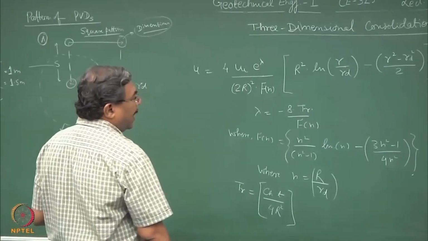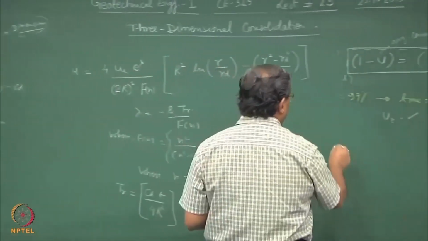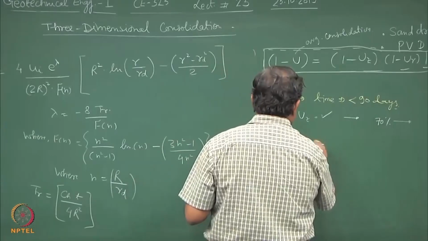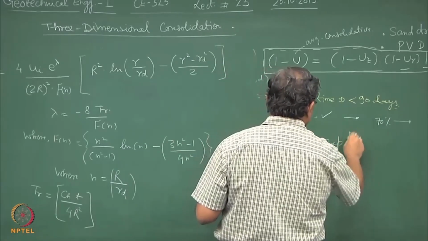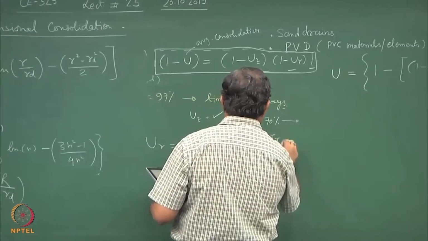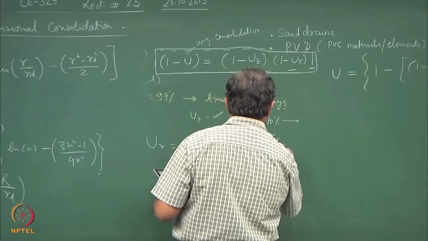And hence UR can be defined as 1 minus exponential minus 8 times Tr upon Fn.